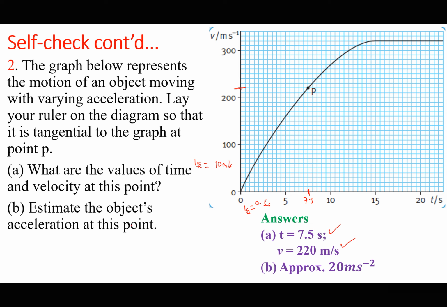I said for a velocity time graph, to find the acceleration at a given point, you draw a tangent at that point, and the tangent should be symmetrical, in other words well balanced. You can draw a better tangent than mine, and then you draw a right angled triangle.